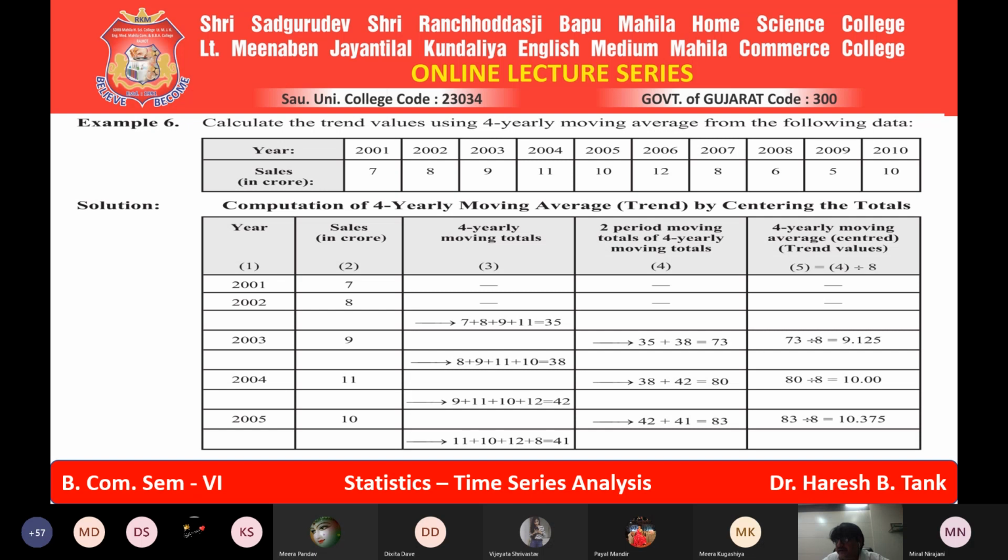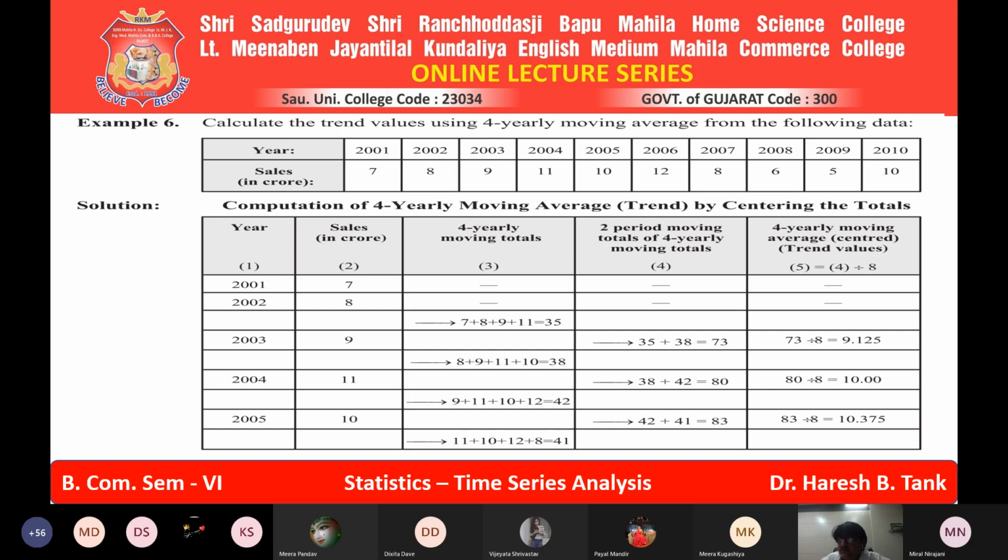What sums are you getting? In the 4-yearly moving total, the first 2 would be dashes, and the last 2 would be dashes.